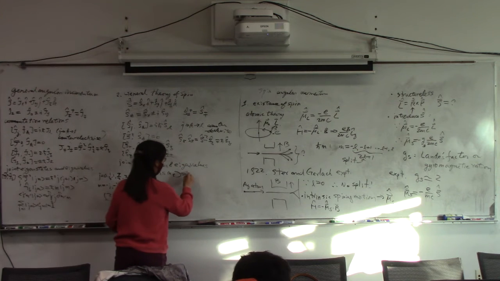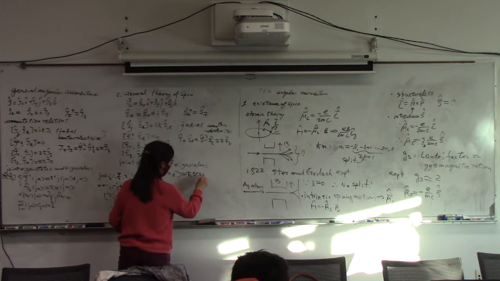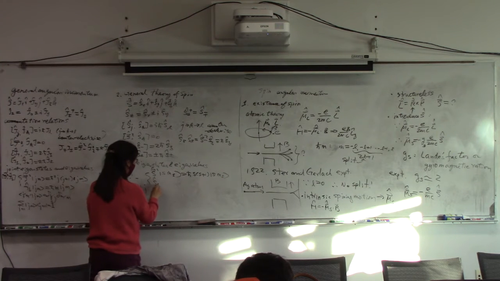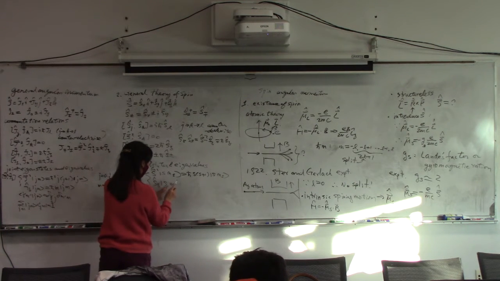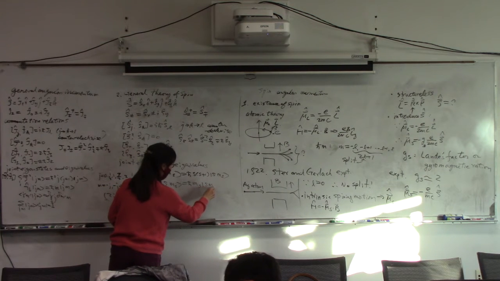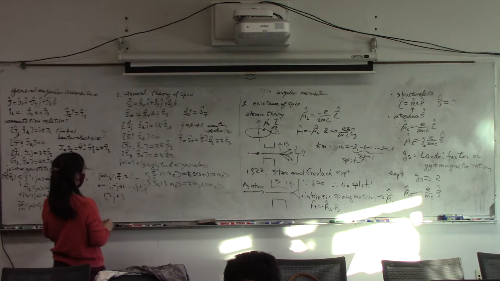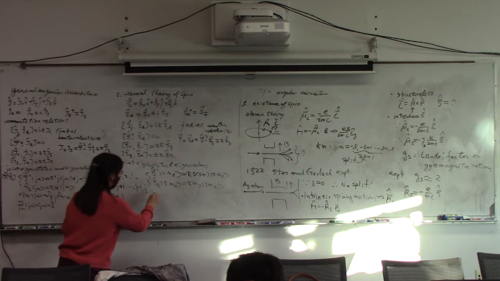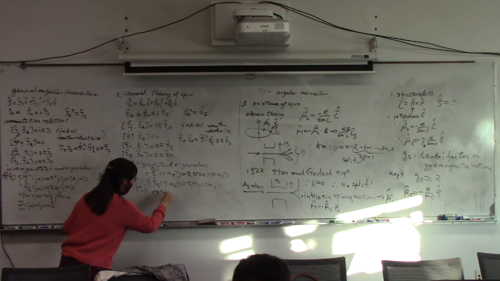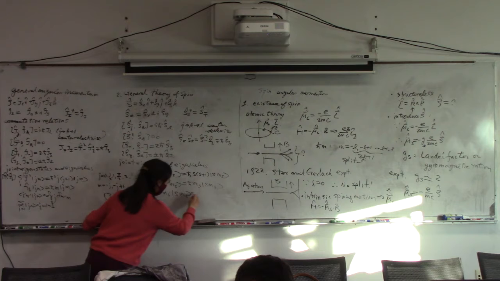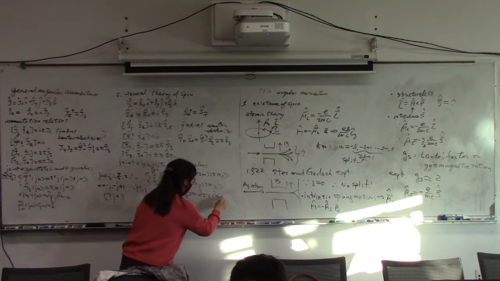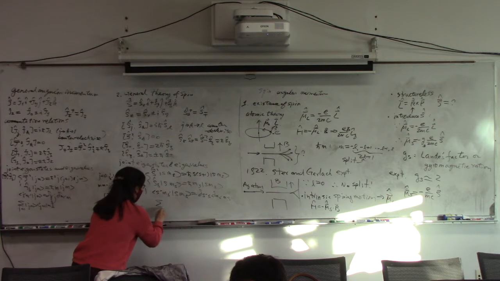So S square acting on |S, Ms> is h bar square S(S+1) |S, Ms>, and Sz acting on |S, Ms> is h bar Ms |S, Ms>. Here these are all the same, right? The states |S', Ms'> and |S, Ms> are also orthonormal: delta S' S, delta Ms' Ms. And they are also complete.